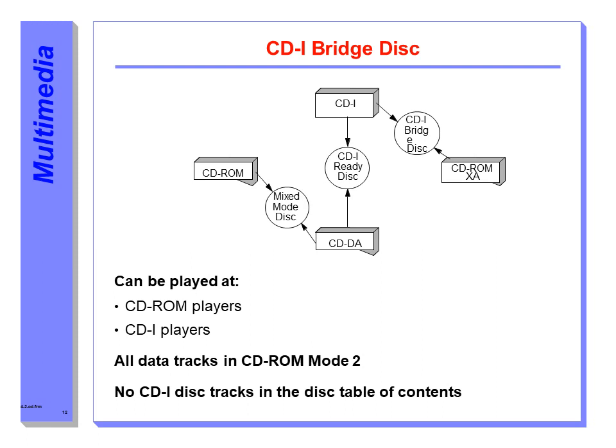While CDI ready discs specify a disc format to allow output on either a CDDA device or on a CDI device, CD bridge discs specify a disc format to allow output on either a CD-ROM extended architecture device or on a CDI device. So you can see that CDI is interacting with the CD-ROM extended architecture.